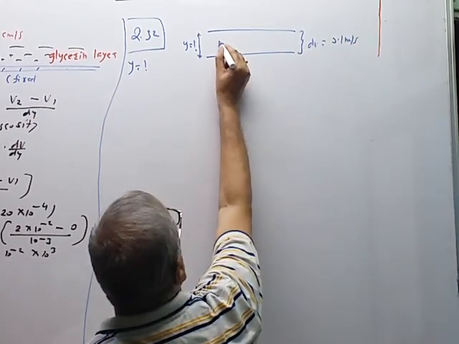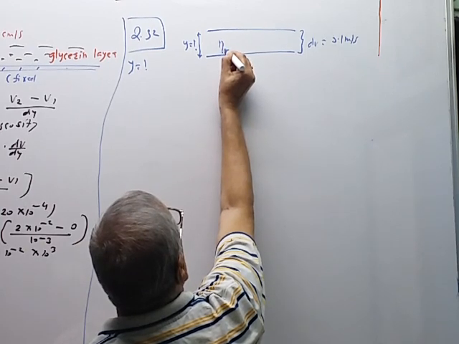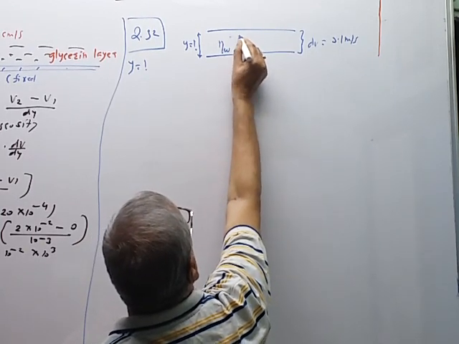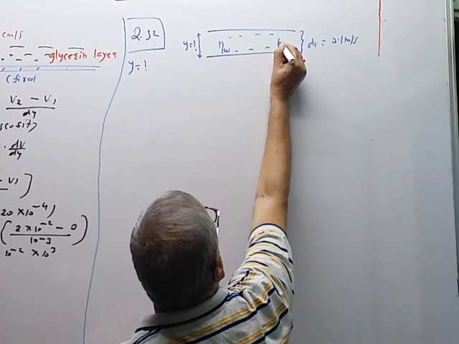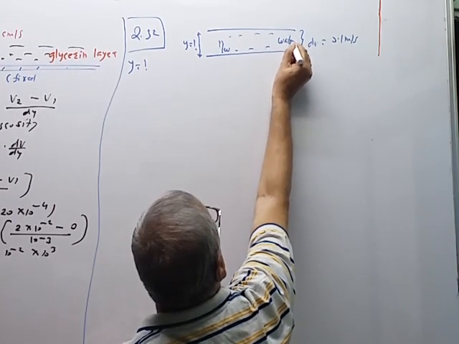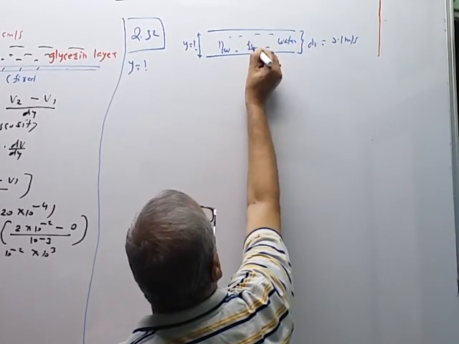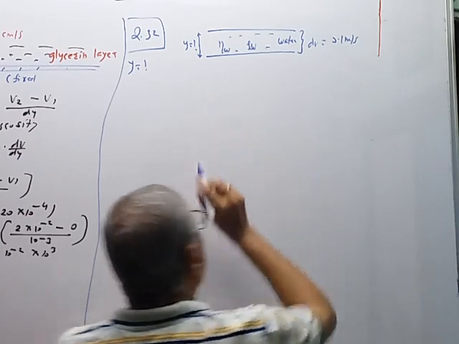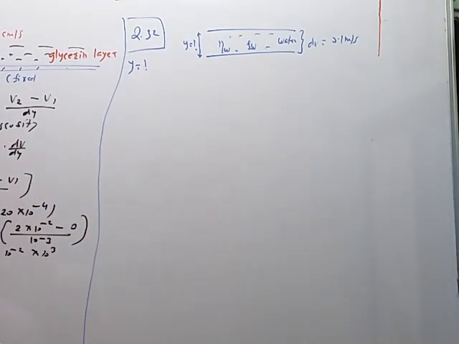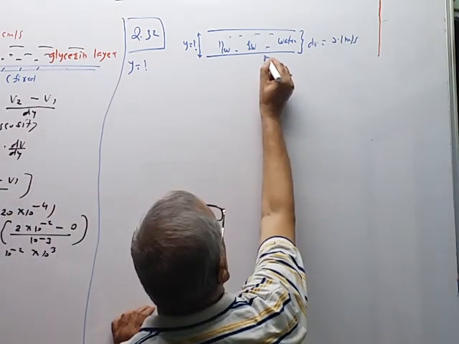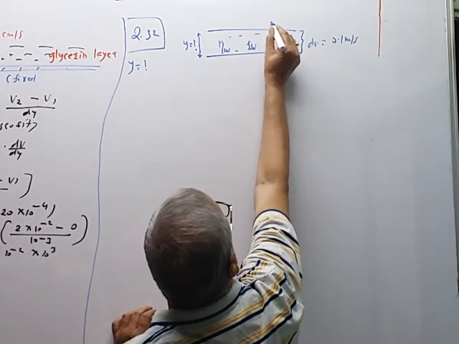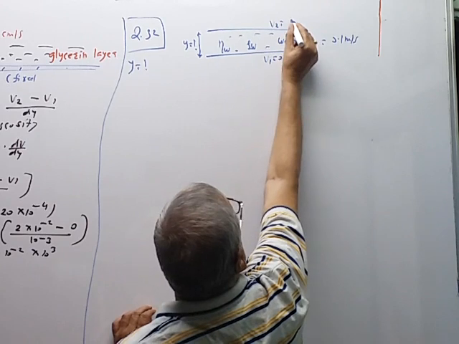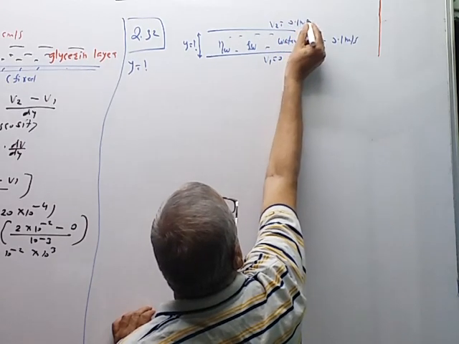This is water; we need the viscosity of water and the density of water. So the upper plate is movable. V1 is equal to 0. V2 is equal to 0.1 meter per second.